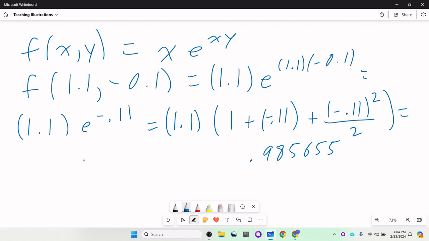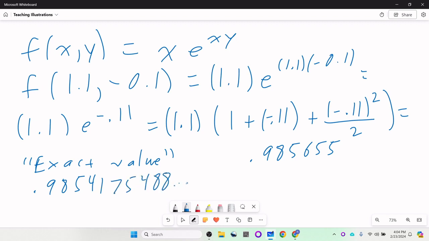The one they give, this is something that really bugs me in a textbook. They will say, what is the exact value? Well, it's an irrational number. Its exact value has infinitely many decimals. If you type it into a calculator, you get 0.985417548. That's what I get, but it keeps going depending on how advanced your calculator is.